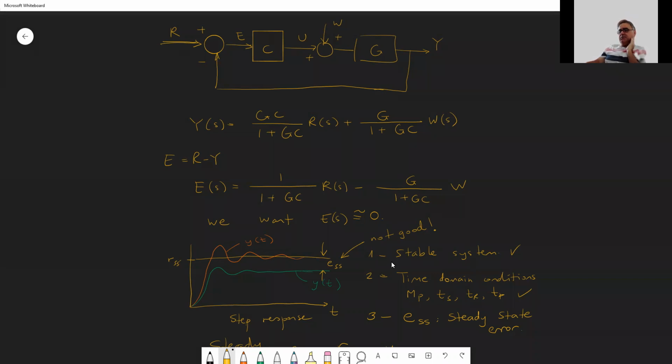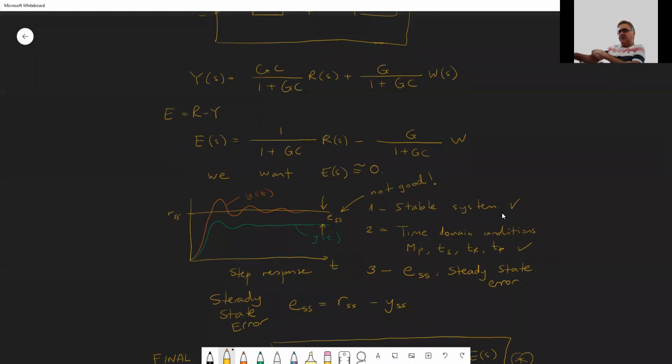A good response would be a system that is stable, whose time domain conditions are satisfactory, and on top of that, it should not have any steady state error. You should not, for example, ask your robot arm to rotate 90 degrees, and have it rotate only 60 degrees. It should rotate exactly 90 degrees.